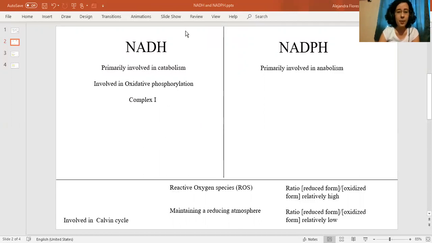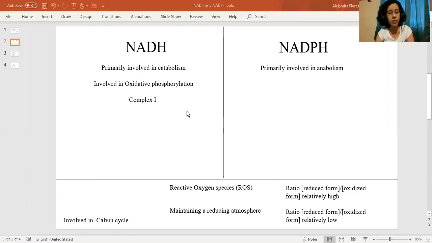This is done by NADH donating its electrons to complex one, and by being transferred to different electron carriers and proteins, it creates a proton gradient that is used for the synthesis of ATP. So that's about NADH.